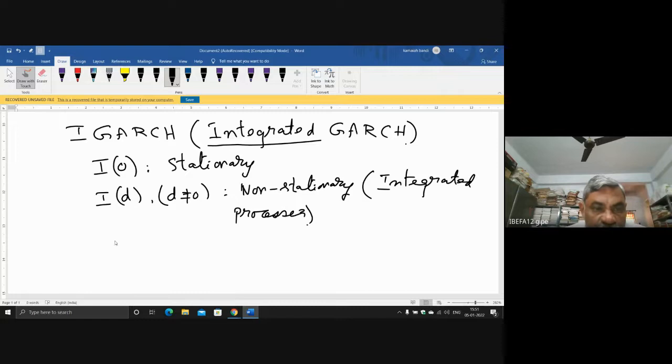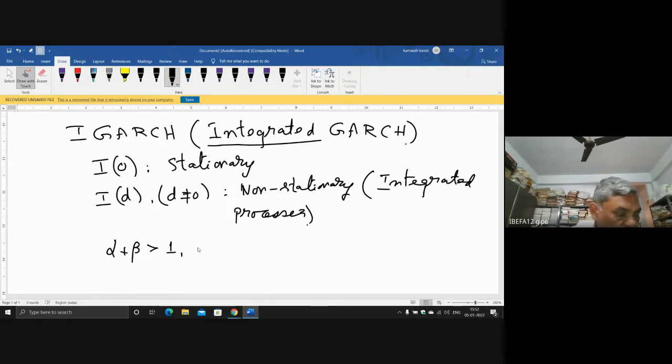So if alpha plus beta exceeds unity, then the GARCH process has to be modified. But how does the modification have to be done? If alpha plus beta exceeds unity, then the usual assumption that the sum should be less than unity is violated.